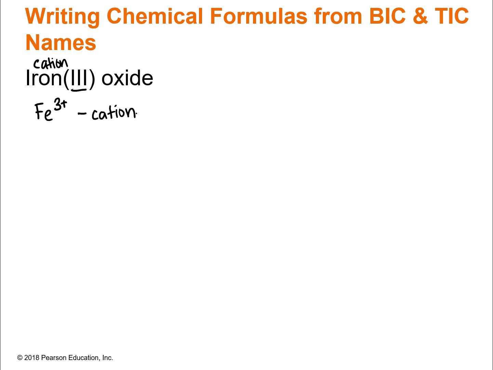Good. Now we got to deal with this anion. Are the colors helpful to try to keep the separation of what's what? Okay. Then we're going to keep with it.